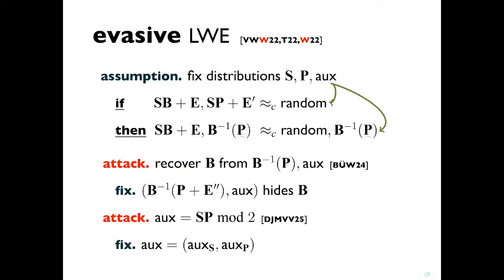The other attack is one from the work of Nico and friends, where the auxiliary input is SP mod Q mod 2. Here, you can also get around this issue by requiring that the auxiliary input be local.